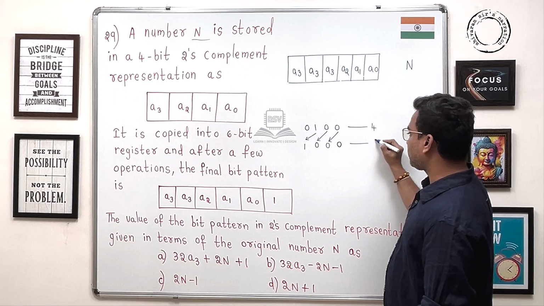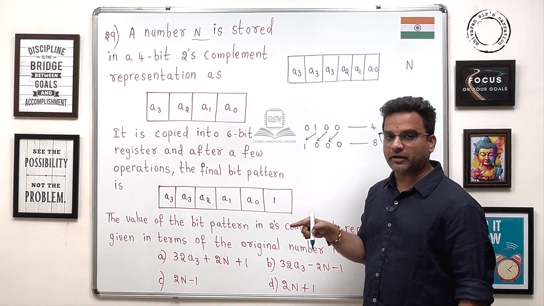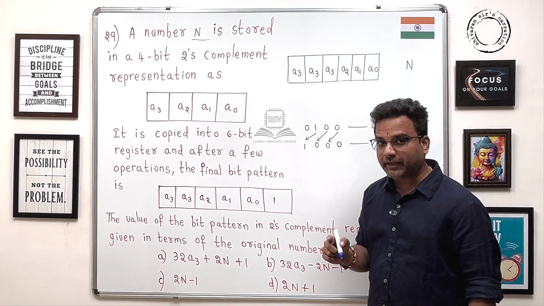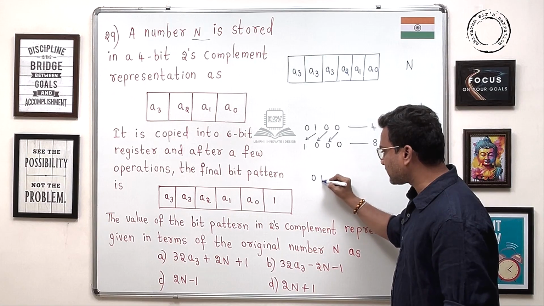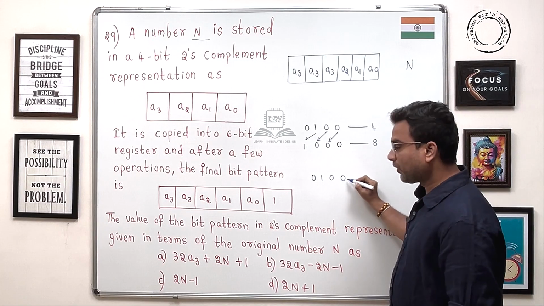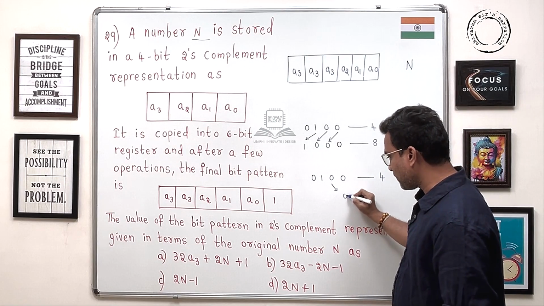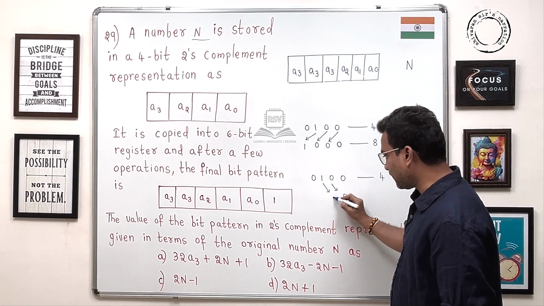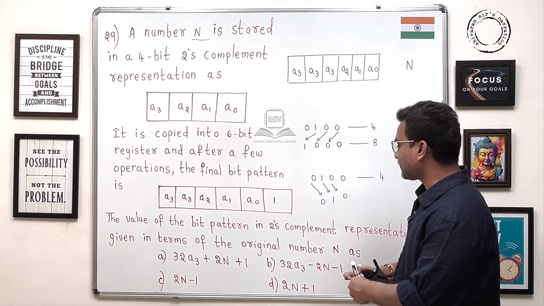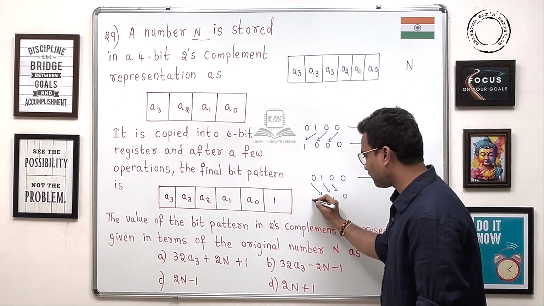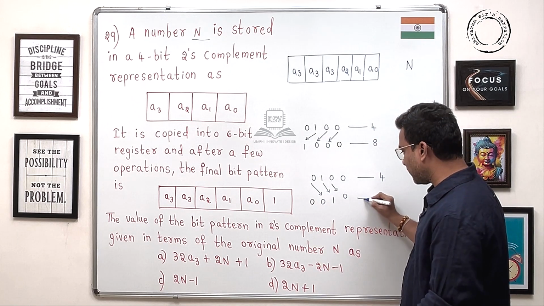What is this value? 8. Means if you do shift left operation, the value is going to be multiplied by 2. Similarly, if you take 0, 1, 0, 0 and do shift right operation, it becomes 0, 1, 0, and now the fresh 0 will appear here. Now what is the value? It is 2 only.